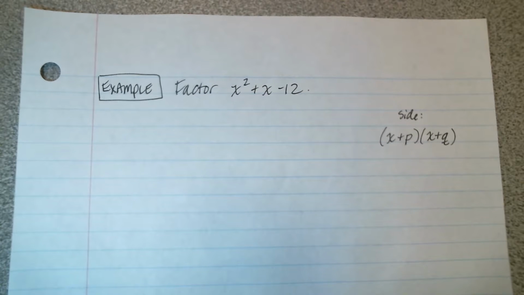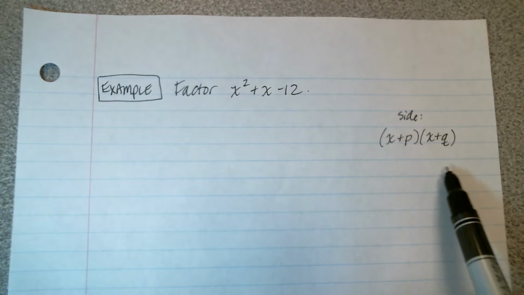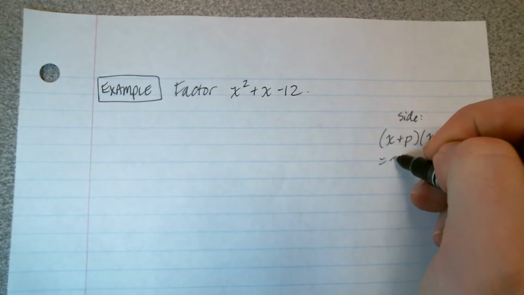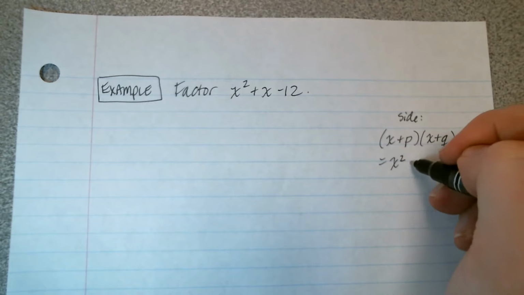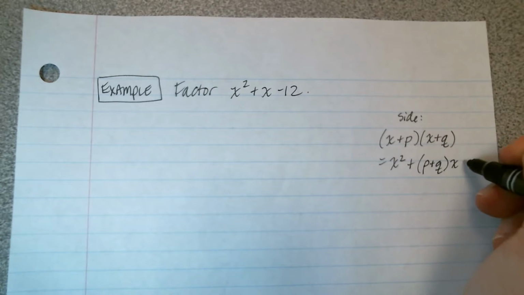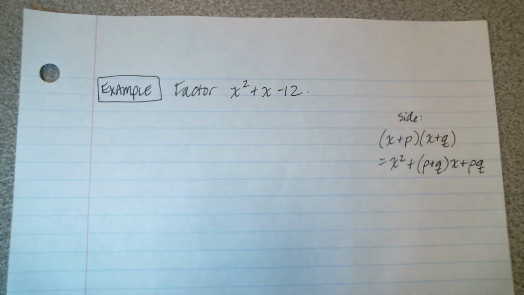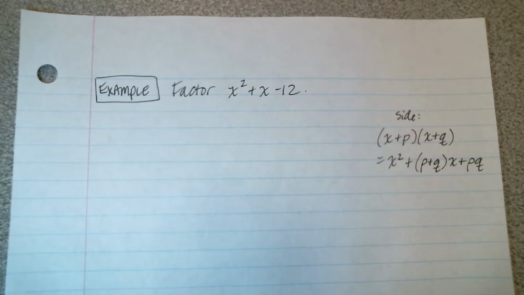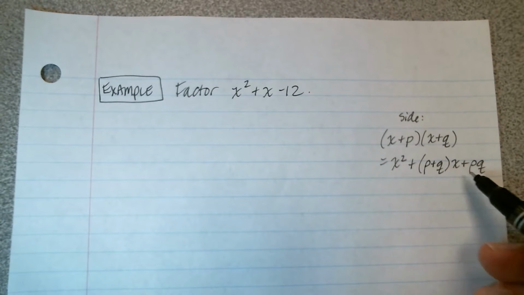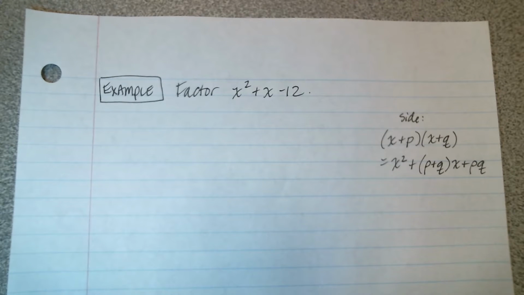So if I actually multiply this out, using the distributive property, what I'm going to get is x squared plus P plus Q x plus P times Q. Now I'm skipping a few steps here, but if you work this out and combine like terms, you should get the same result right here.